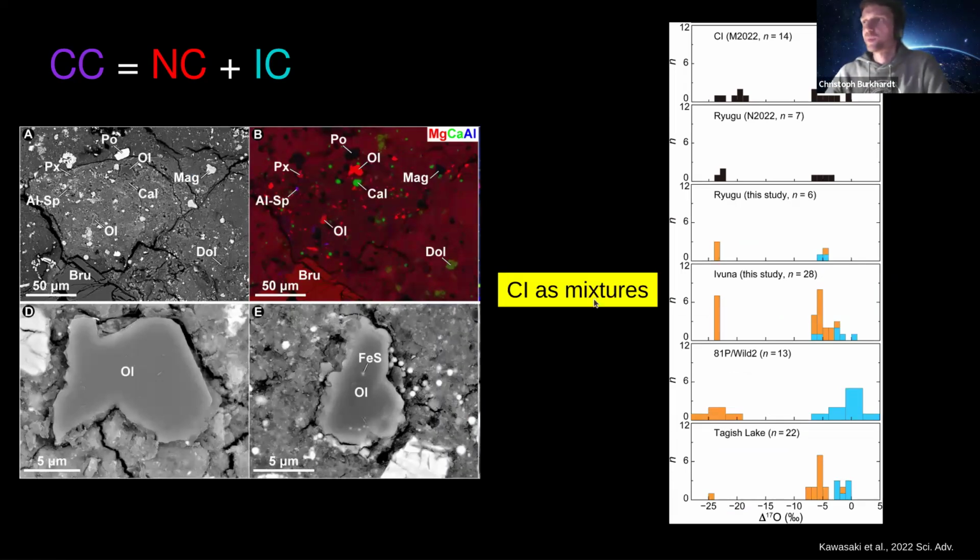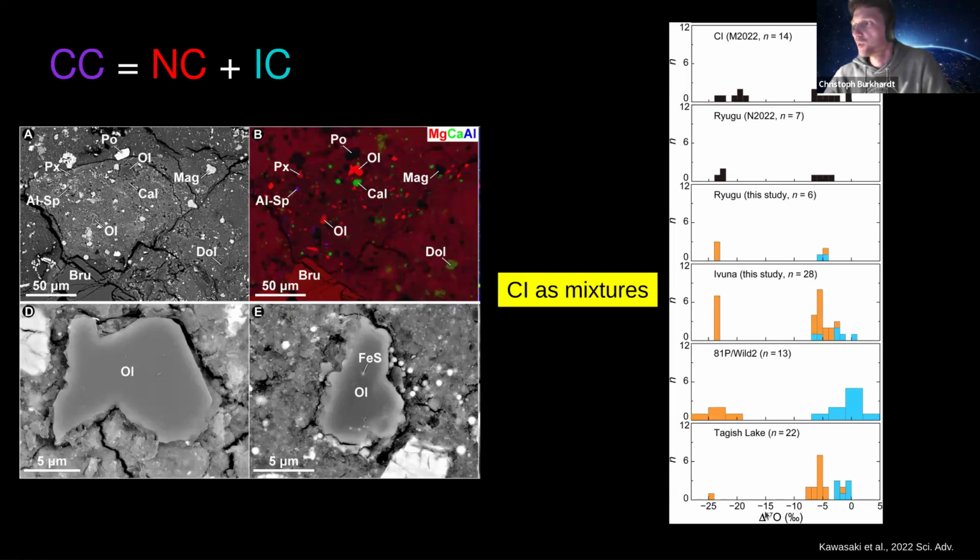So all of the primary minerals, or many of them, are eaten away by aqueous alteration. But people found primary olivine in these CI chondrites. And when they measure the oxygen isotopic composition of these, they find that it has a bimodal distribution.